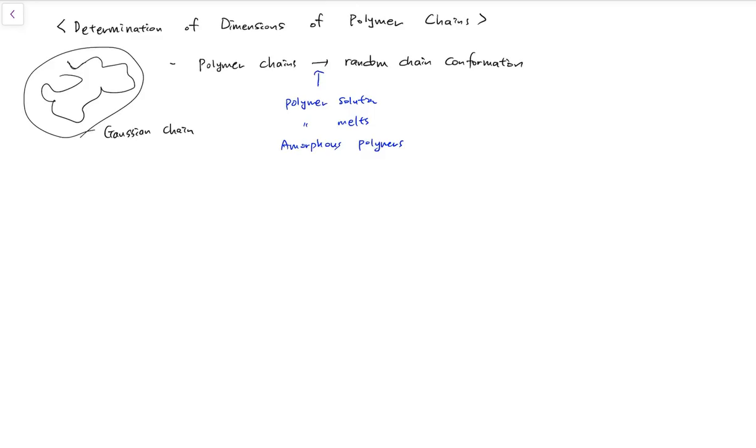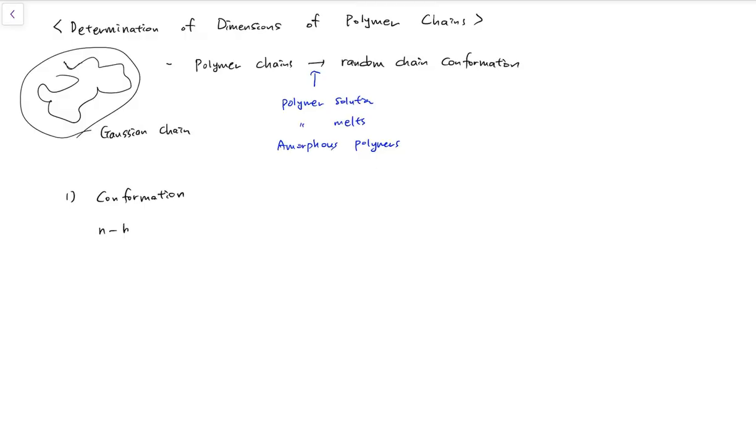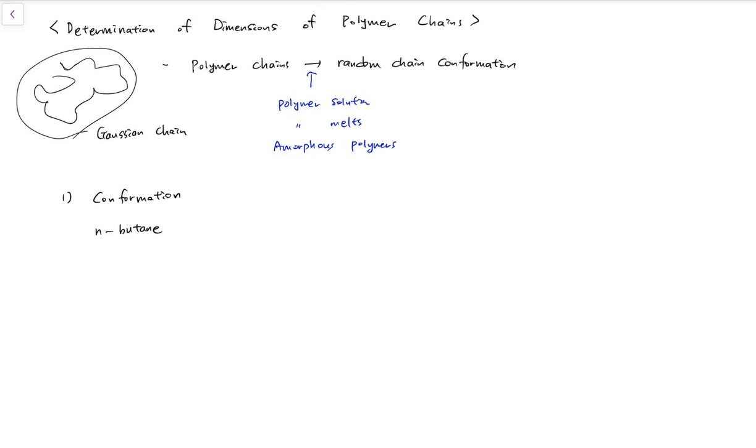Okay, so we need to first learn about the conformation of polymer chains or hydrocarbons. We learned about configuration and conformation, right? Remember? So let's learn more details about the conformation. First the case of normal butane. So CH3, CH2, CH2, CH3, 1, 2, 3, 4, right?